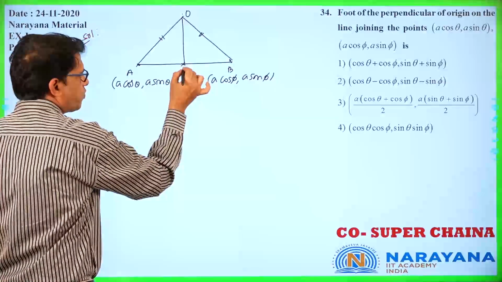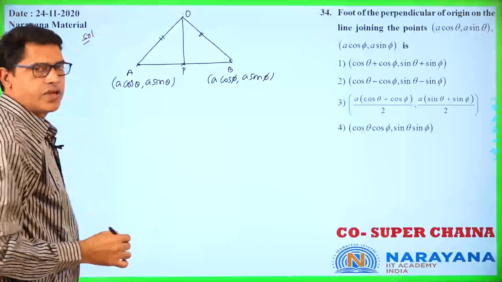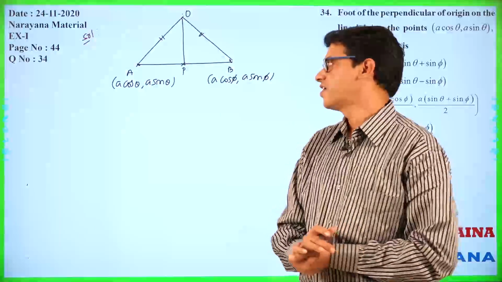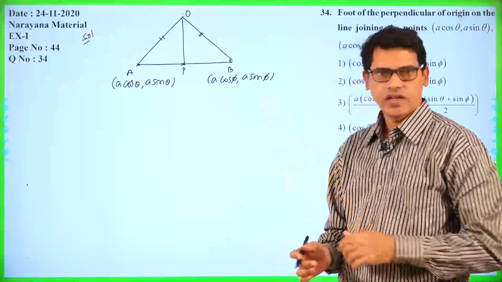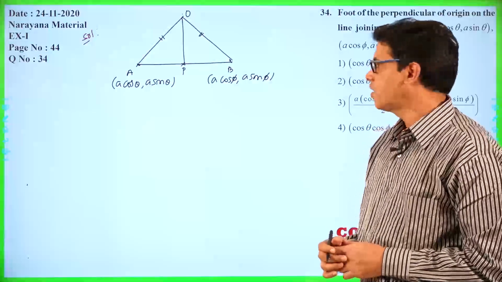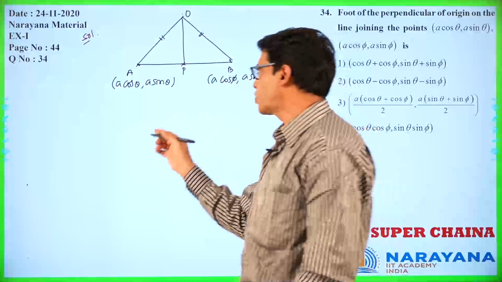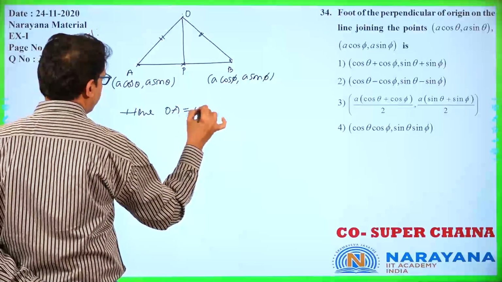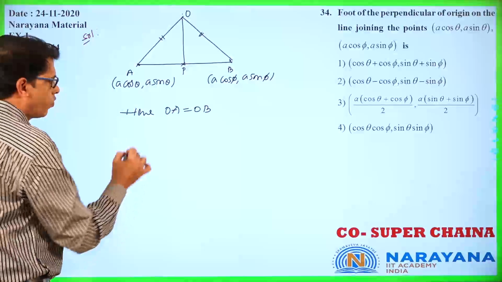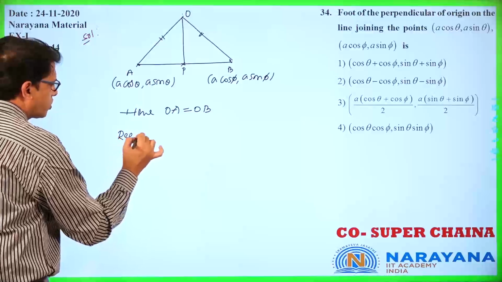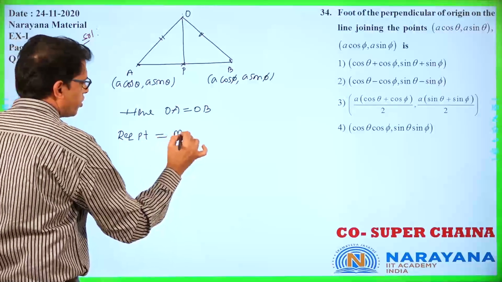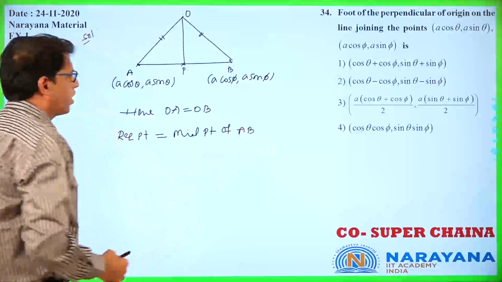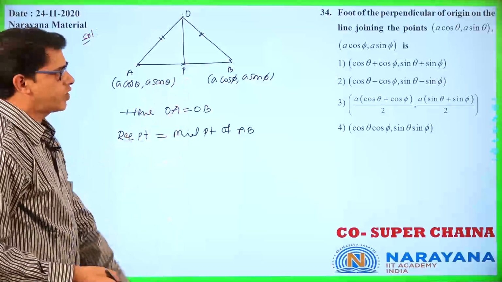So the required point is nothing but the midpoint. Am I right? If you observe the question keenly, OA equals OB. Therefore, the required point equals the midpoint of AB: x1 plus x2 by 2, y1 plus y2 by 2.